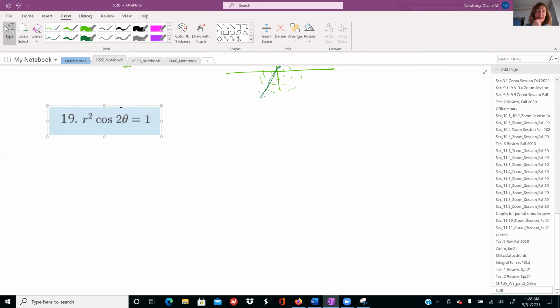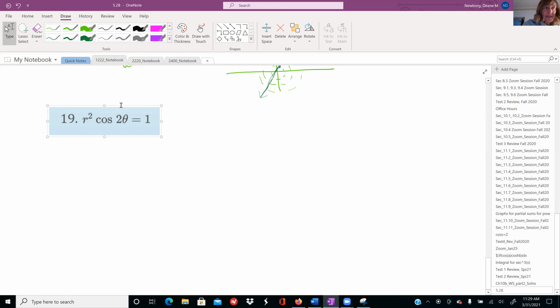The important thing is that I do have to worry about signs, right? The right-hand side is 1, so it's always positive. And r squared is positive.